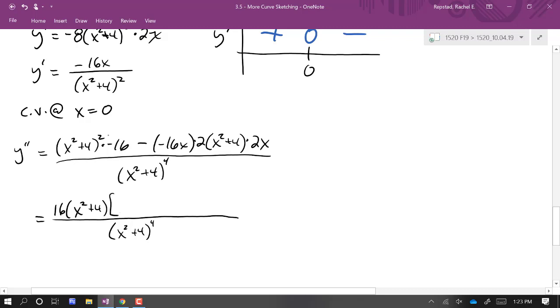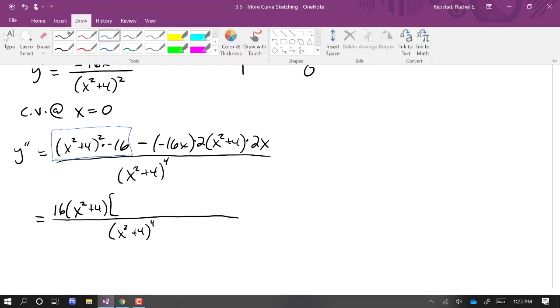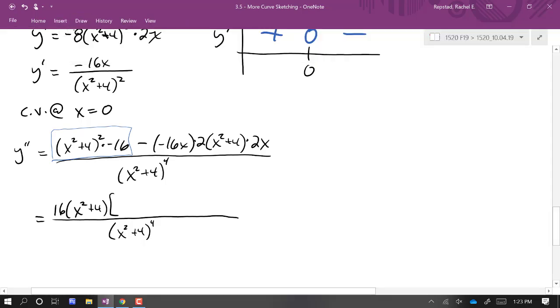So if I take out a 16 and an x squared plus 4, what do we need in order to get us to that first product there in the top? X squared plus 4 and negative 1.